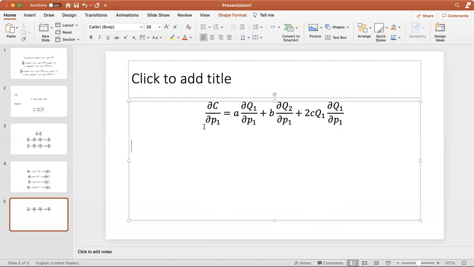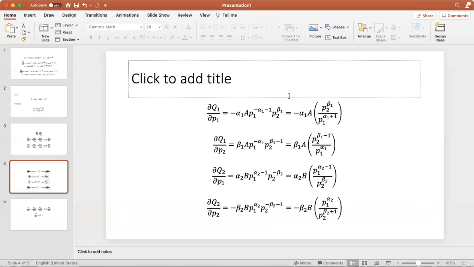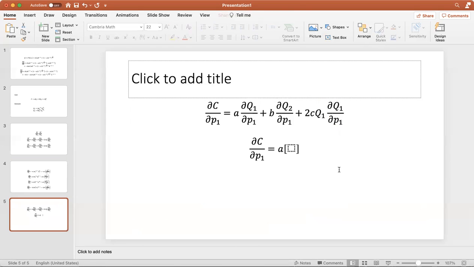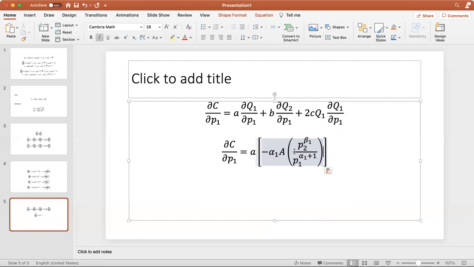So we just have to copy everything that's related to P1. So that's A. Maybe you can put a bracket here. So A, partial Q1 over P1. So that's the first equation. Let's copy it here.